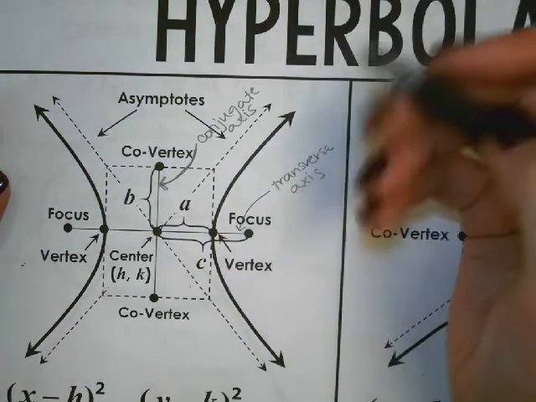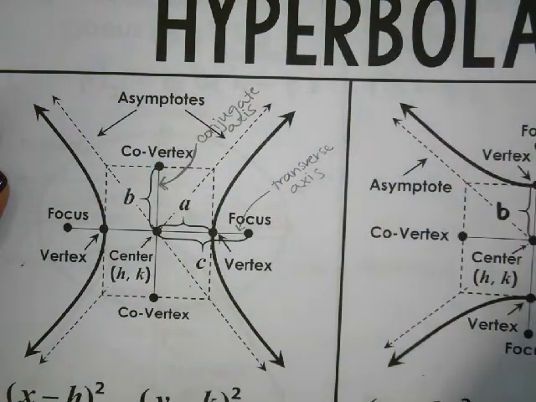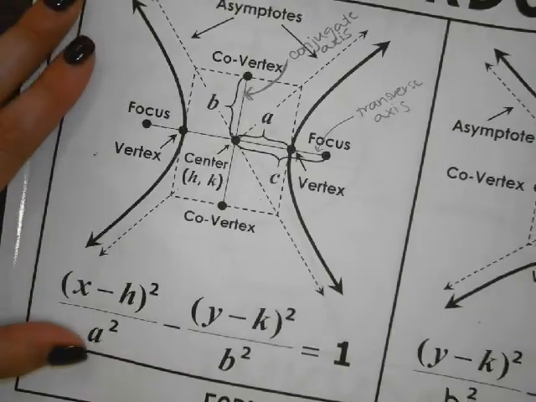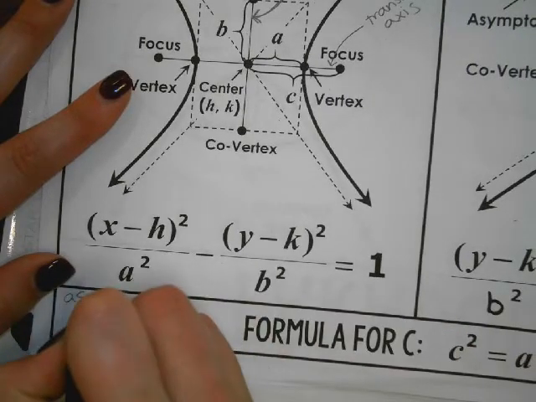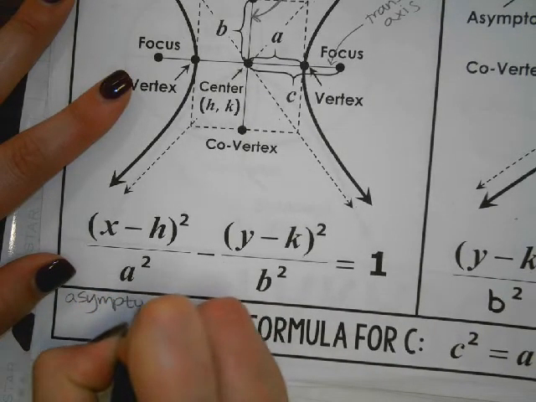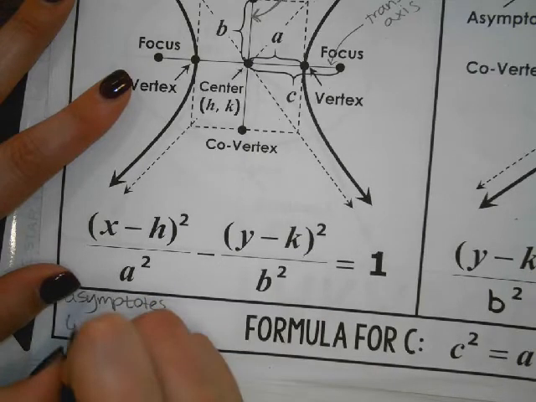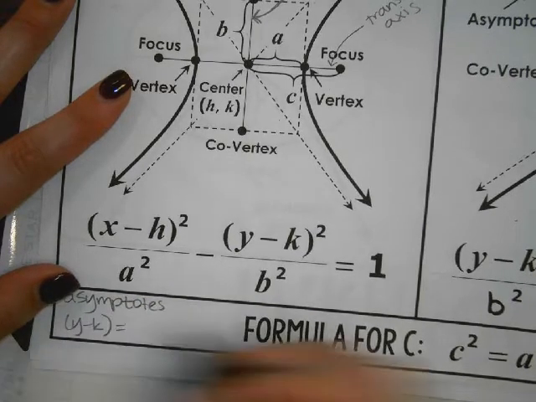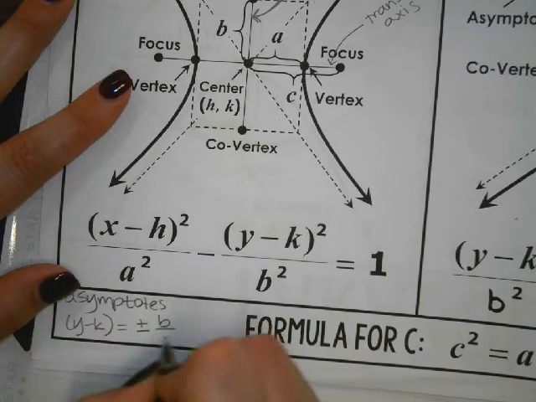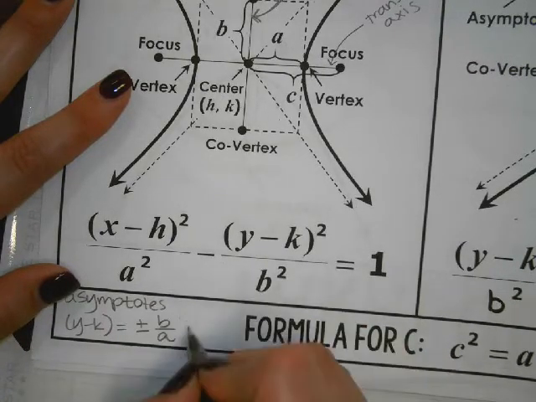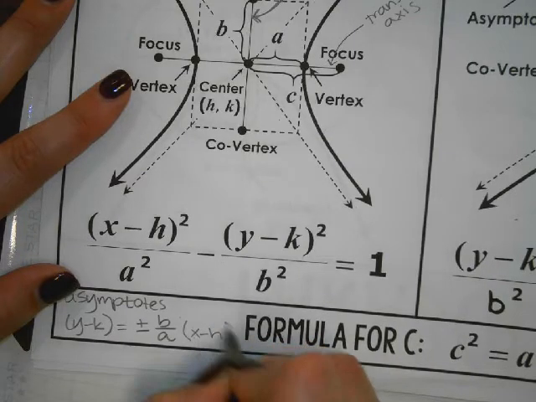All right, so we have all that. The last thing that we want to go ahead and write on here is how to find the asymptotes. And so I'm going to go ahead and add this to our notes right down here. y minus k equals positive and negative b divided by a times x minus h.